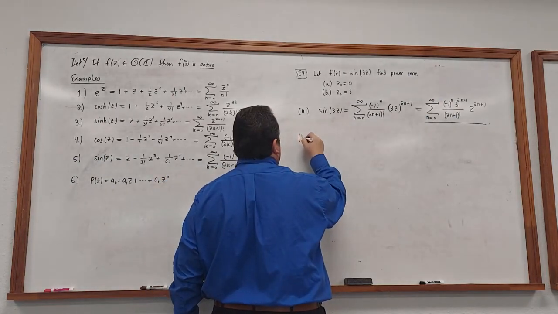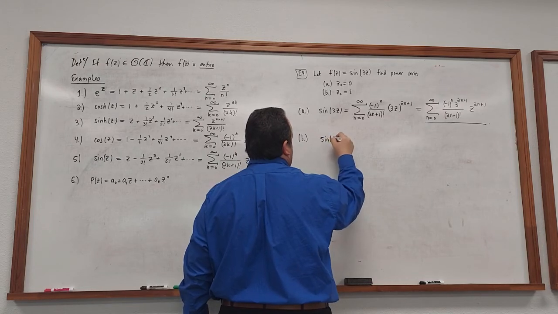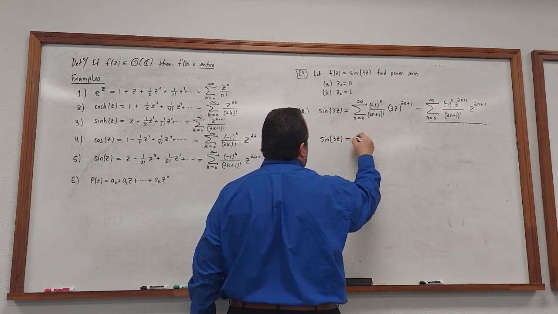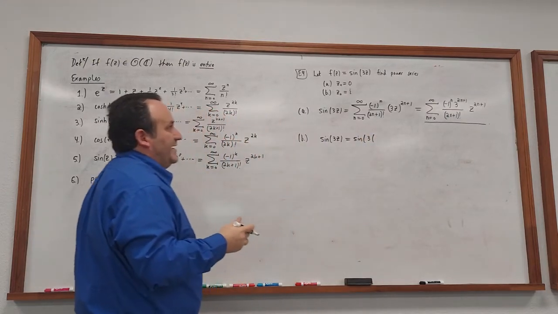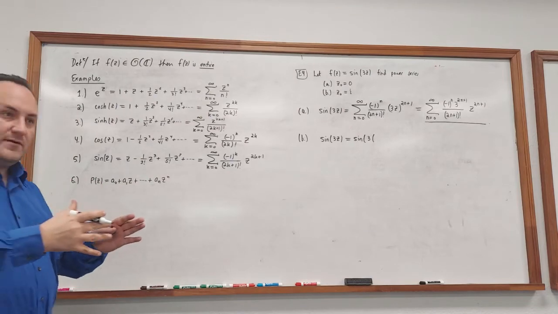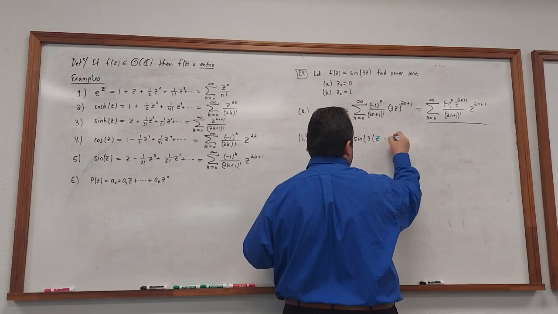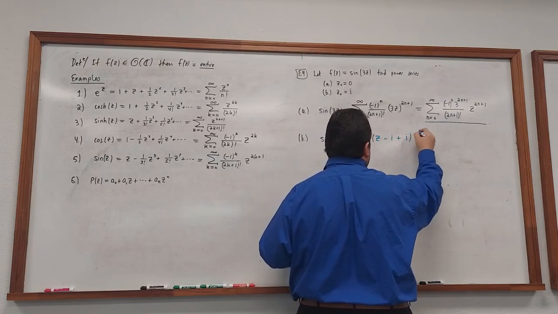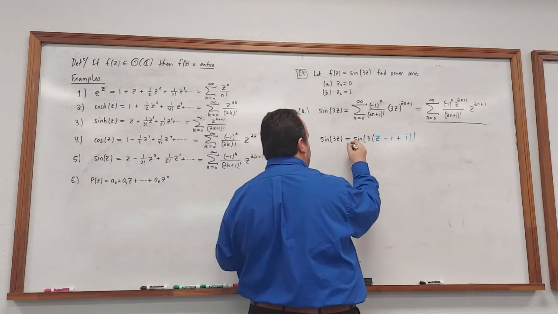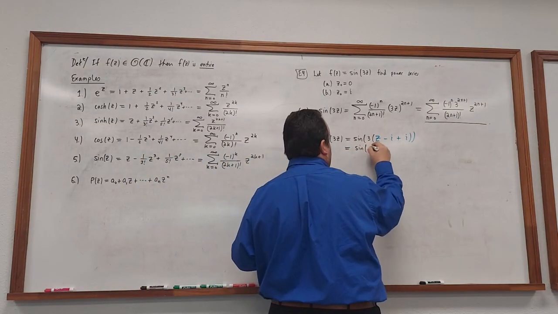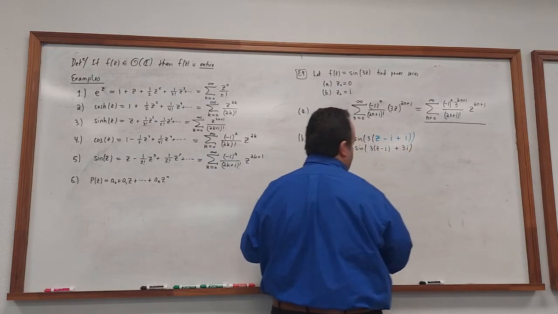Now, part B is going to require a little bit more sneakiness. How do I see my way to what I want? What I want to do is make a z minus i appear. So I do z minus i plus i, just adding 0. Then you're facing the sine of 3 times z minus i plus 3i, right?